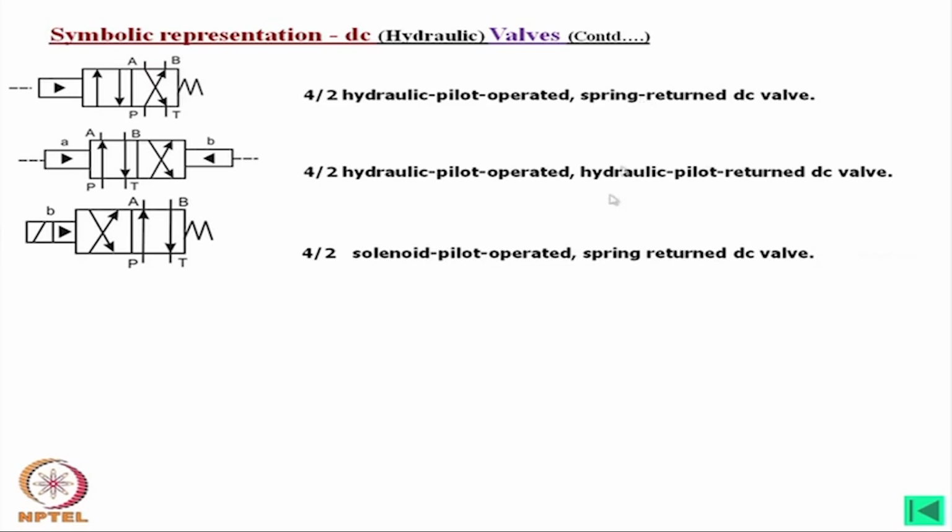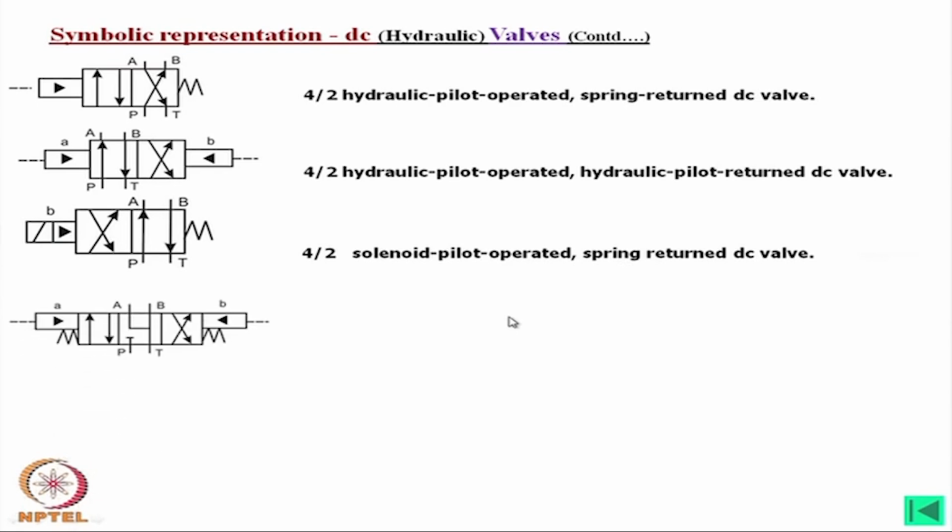This is spring return, the first one, the third one is also spring return. So, this feature is the same. Instead of the hydraulic signal in the first one, here there is an electrical solenoid to operate this side.